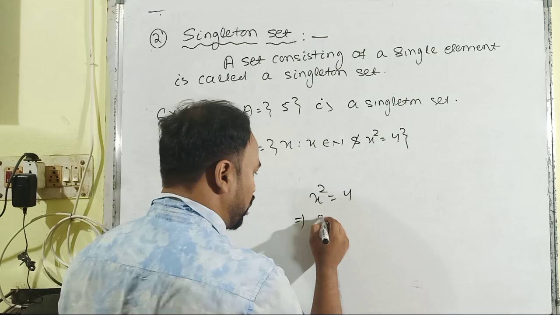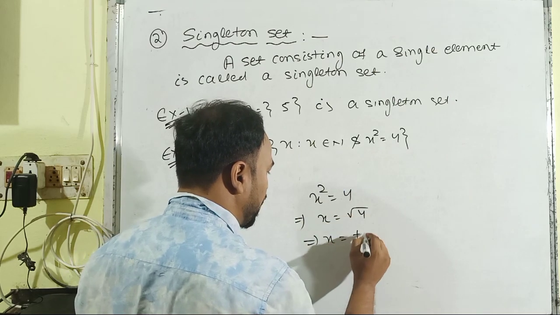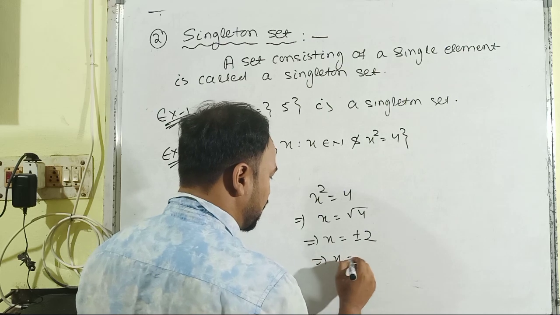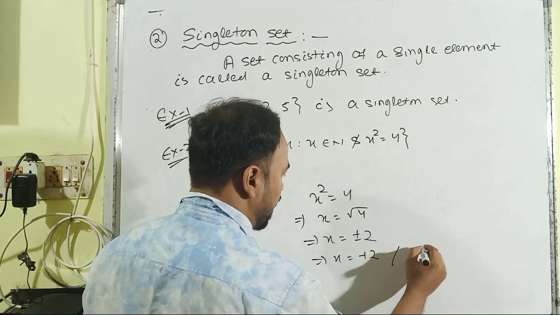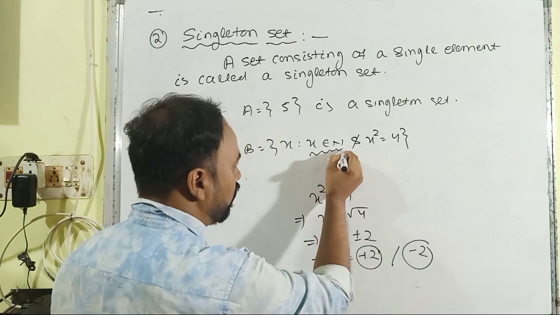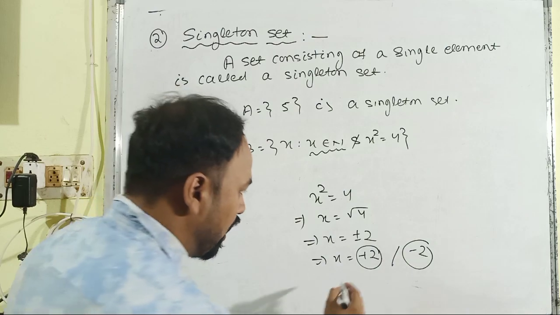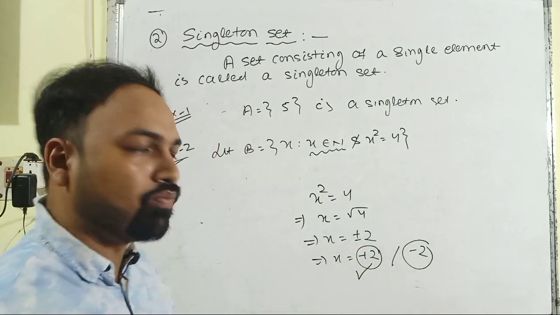If x square is equal to 4, then x is equal to the square root of 4. That means x is equal to plus or minus 2. That means x is equal to plus 2, and there also exists another, minus 2. But we have to consider only natural numbers, that means only the positive numbers, and here the positive number is plus 2.